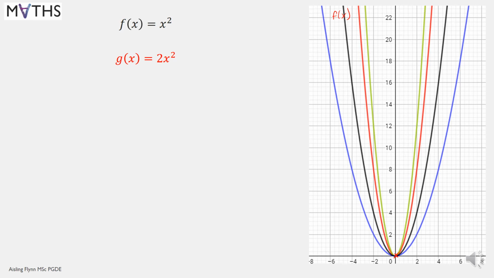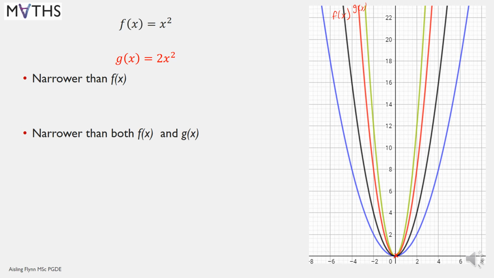And what that looks like on the graph is that the numbers increase really quickly as you go up. So there's 2 times 1 squared, so you get 2 here, and the red line climbs much more quickly. Okay, so it has the effect that the U-shaped graph is much narrower. So it's narrower than f of x.